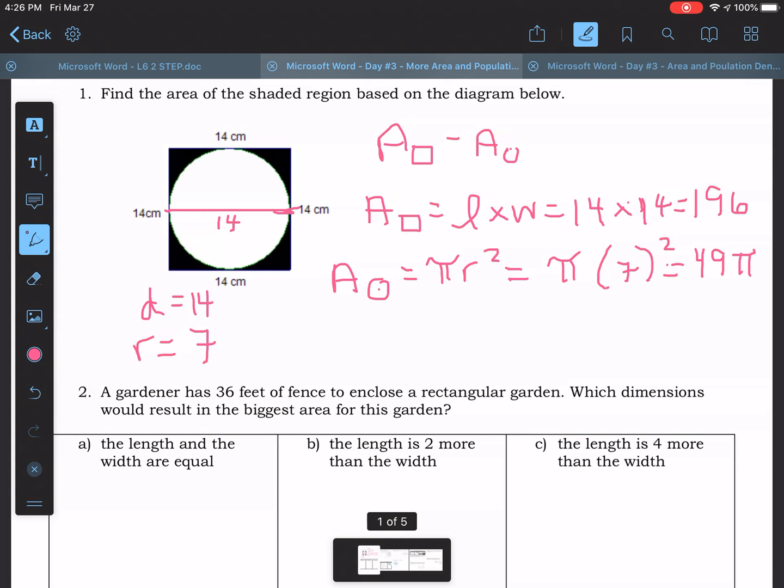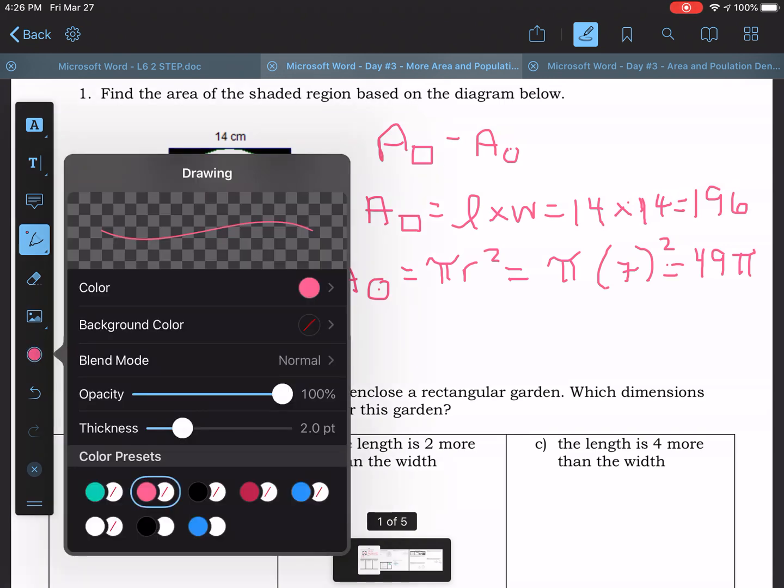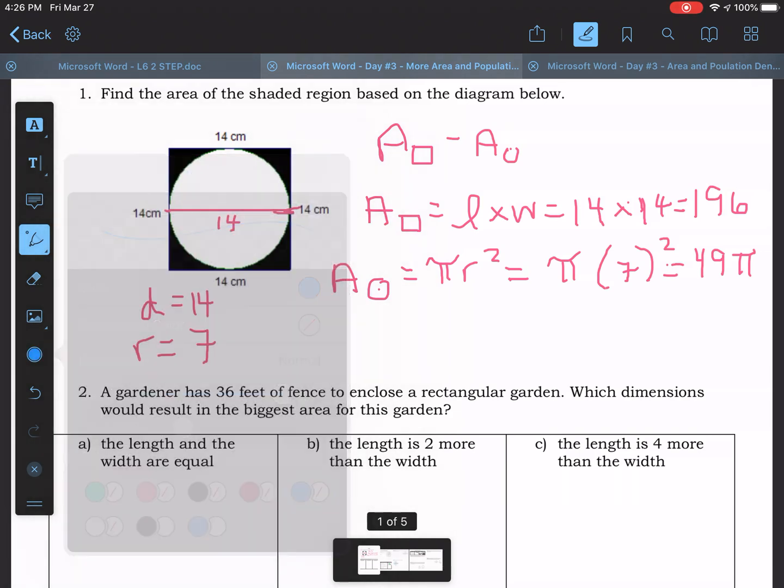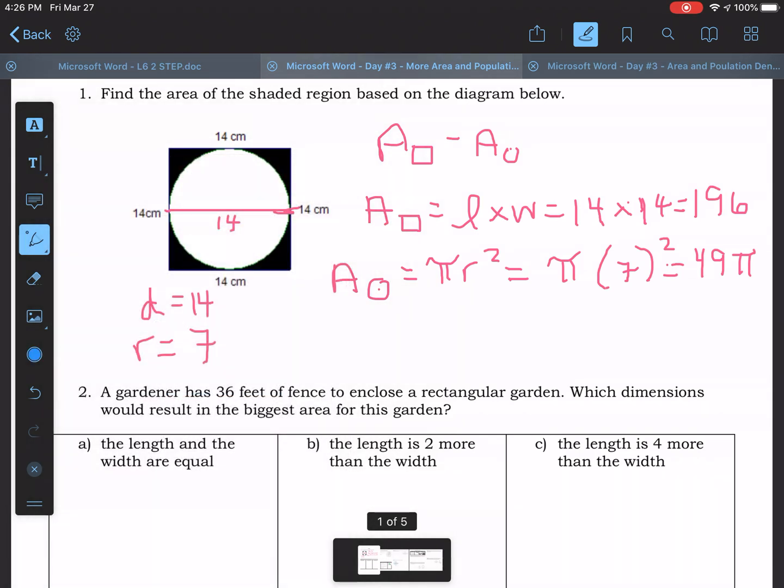So for this one, we're going to take the area of the square, which is 196, and subtract the area of the circle. In this particular example, I didn't say anything about rounding, so in that case, I would leave the answer like this.